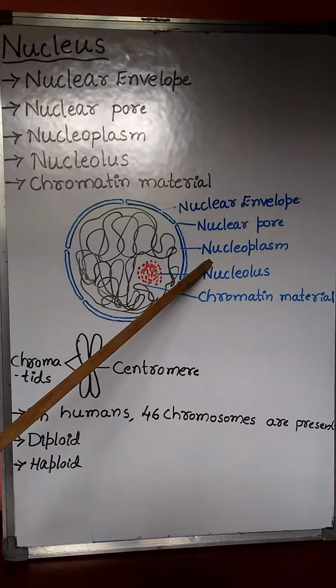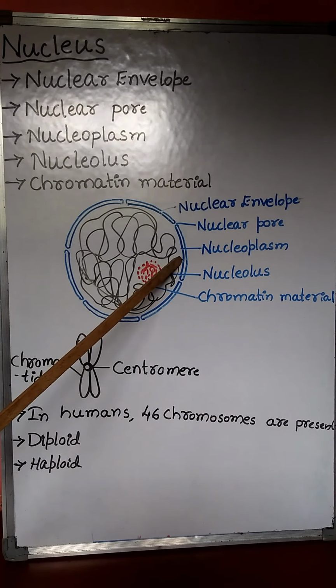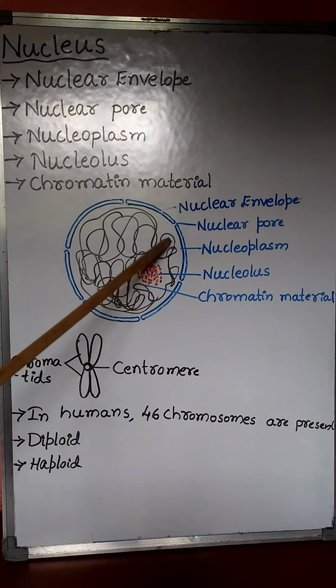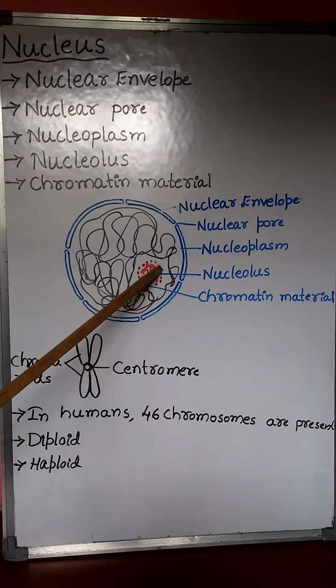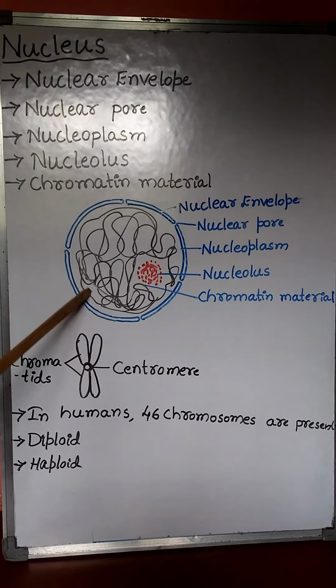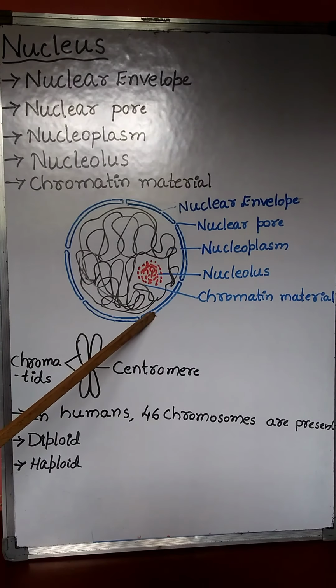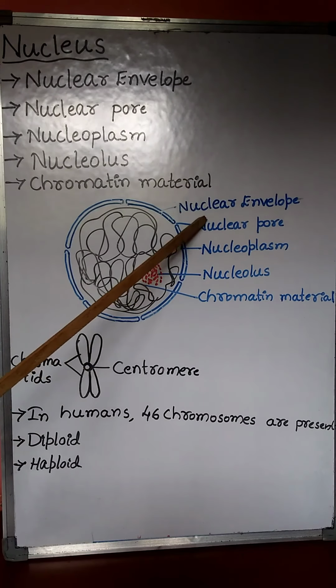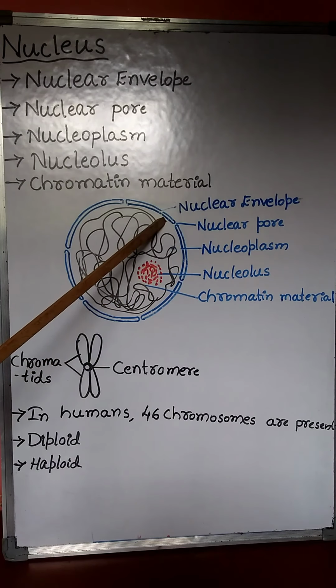Next one is nucleoplasm. It is the colorless dense sap which is present inner to the nuclear envelope.